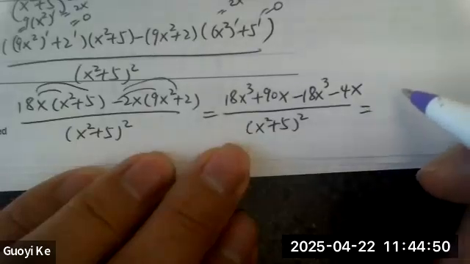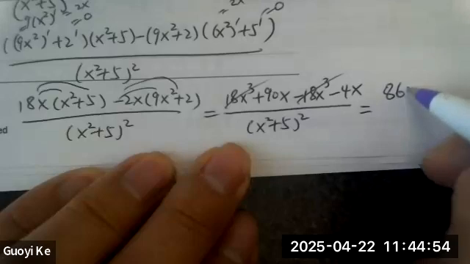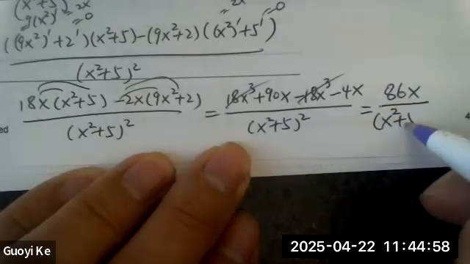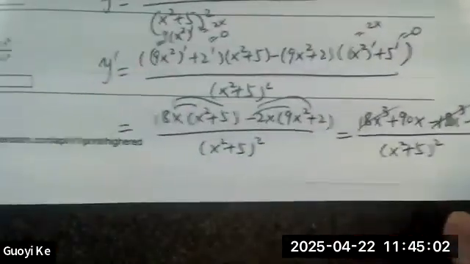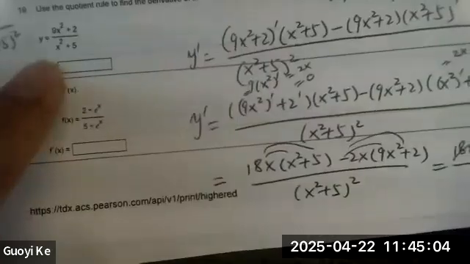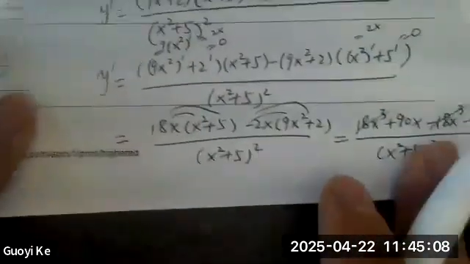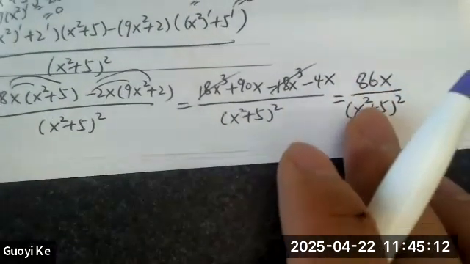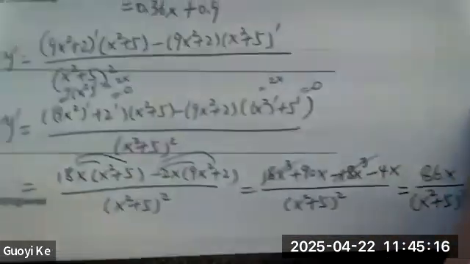Now we can simplify it. So for problem 19, the answer should be 86x over (x squared plus 5) squared. That's it.